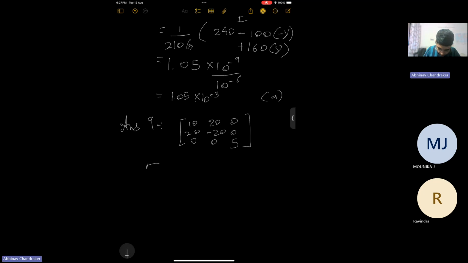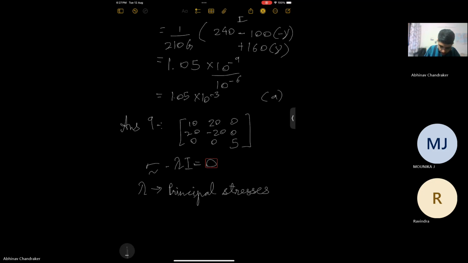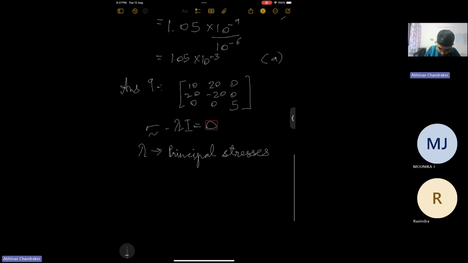So we know that determinant of sigma minus lambda I equal to 0 needs to be solved, and the values of lambda will give you the principal stress values. So basically you need to find the solution to this cubic equation.